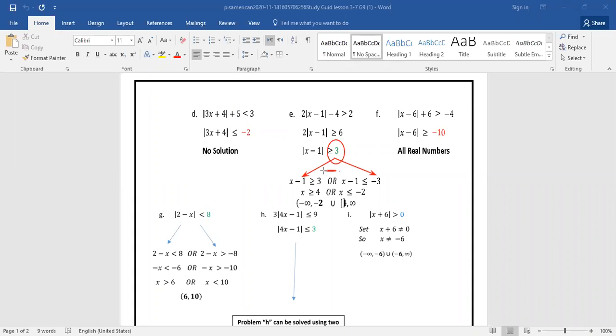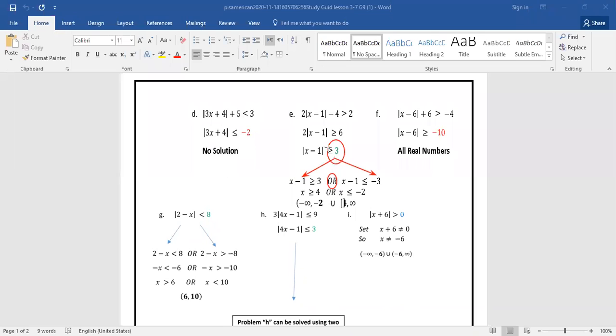Did you see this one? Or. Yes. Once you have more than or equal, you have to answer your question and you will use or. Why?